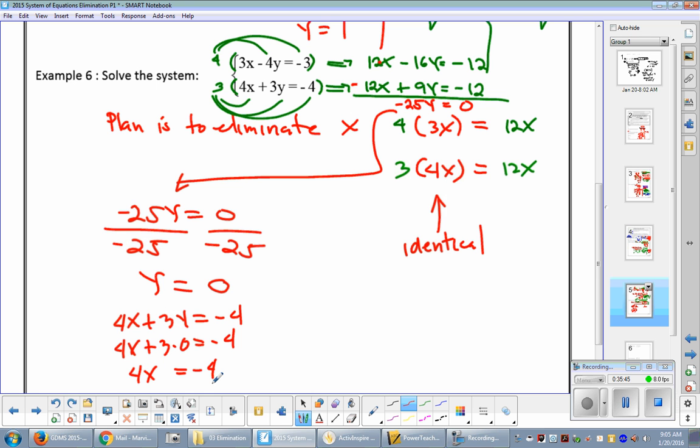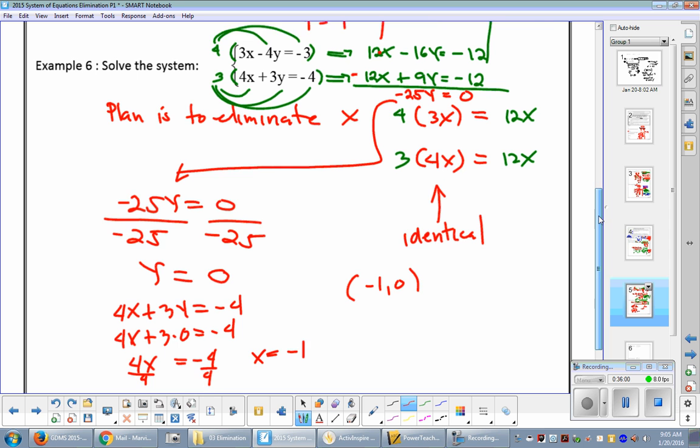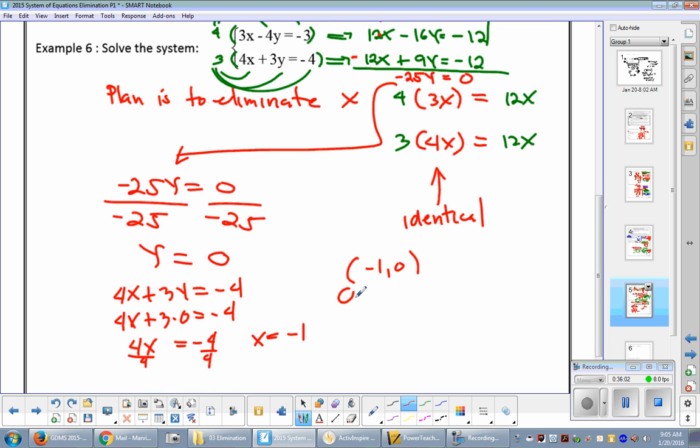So when you divide both sides by 4, what do you have? x equals negative 1. So our solution is negative 1 comma 0. And again, the last step is to verify or check our answer.